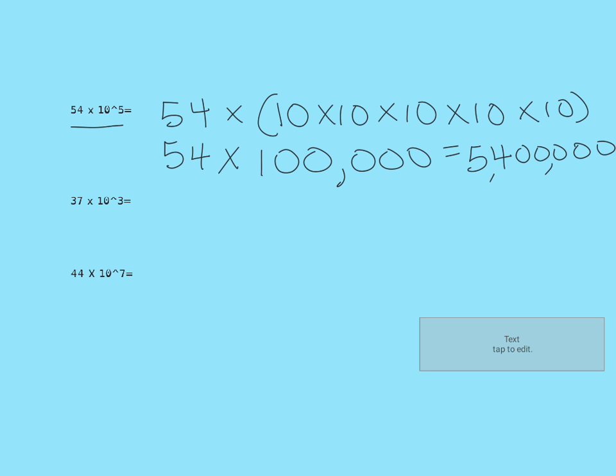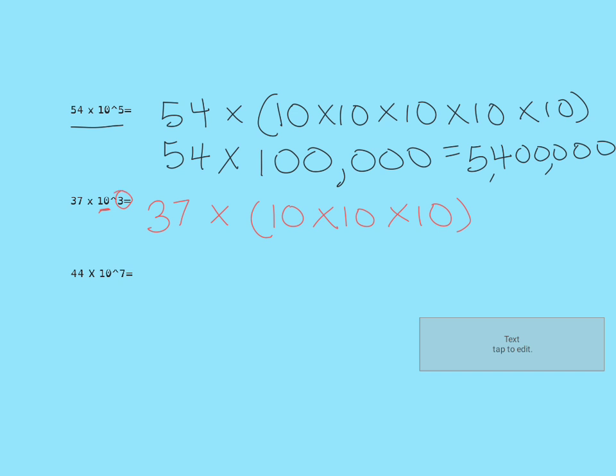Let's look at the second problem. 37 times 10 to the power of 3. Again, we can restate this to say that 37 times 10 times 10 times 10. As you can see, we are multiplying the base number 10 a total of 3 times, which is the exponent.